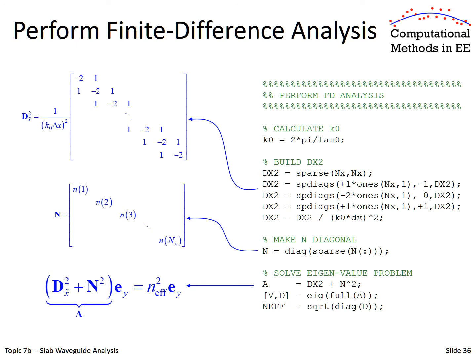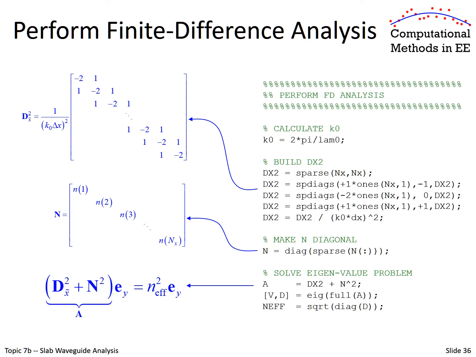Then I insert the 3 main diagonals that you see: 1s and -2s and another diagonal of 1s. These 3 lines of code are doing that. And then the very last thing is I divide by the normalized grid resolution, so it's k times dx, that quantity squared. At that point, we have our derivative matrix for second order derivatives.